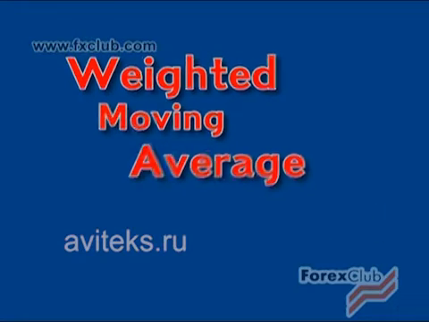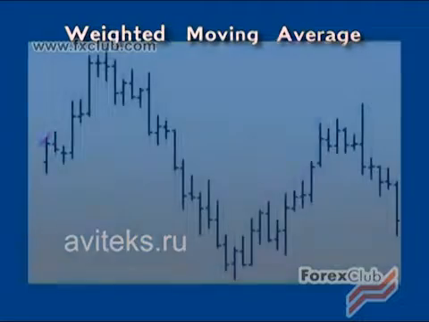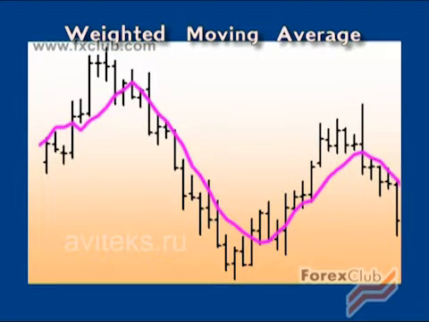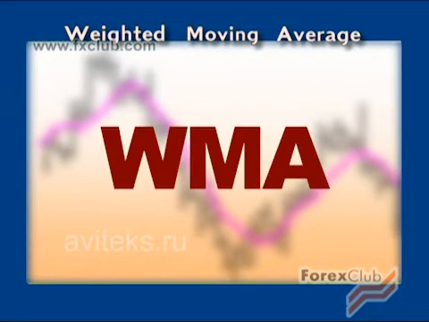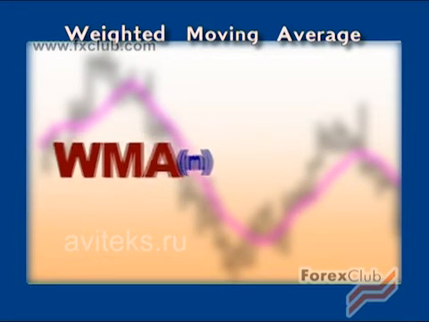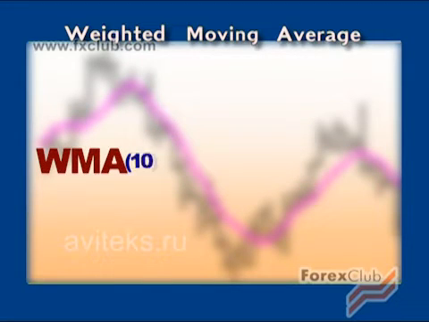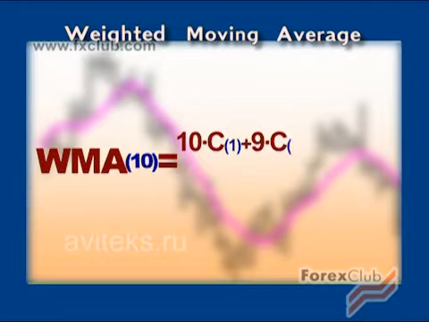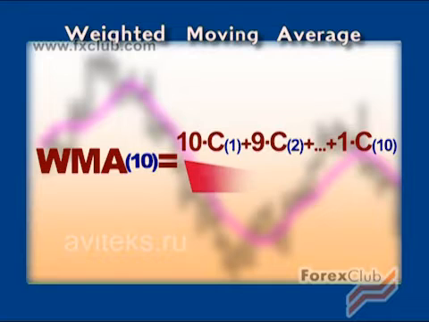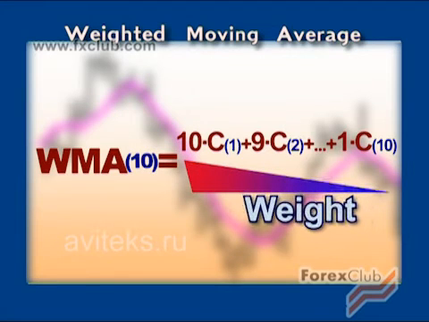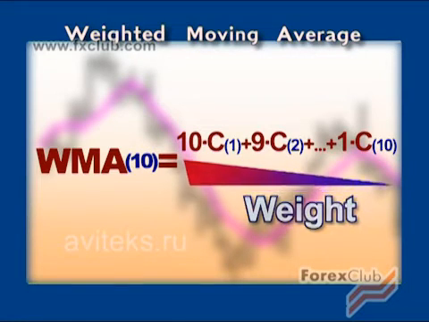Let's call this a weighted moving average, or WMA. Naturally, it incorporates the variable of n, and in our case, n equals 10. So what do we do? To start with, we change the factors in our formula to 10, 9, 8, 7 and so on down to 1. The further the price is from today, the less weight it has.